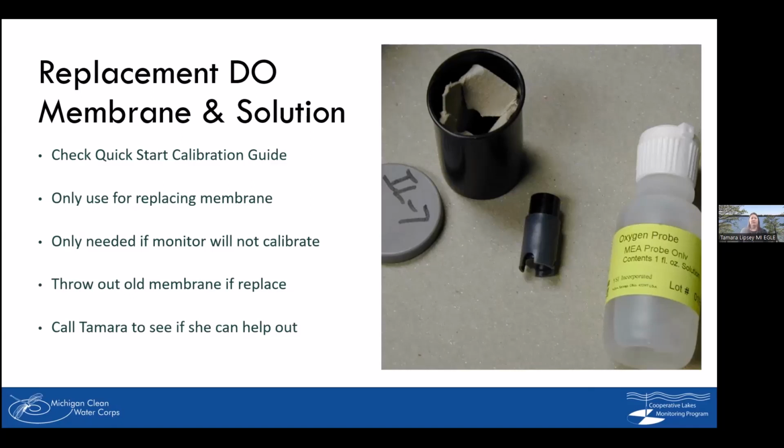You will only need to do this if the monitor will not calibrate. You can throw out the old membrane if you do replace it. If you have questions, just go ahead and call me right away, and I will get back to you as soon as I can to help you out.